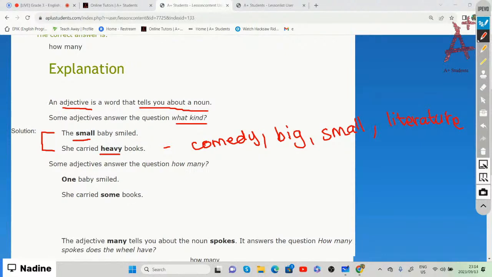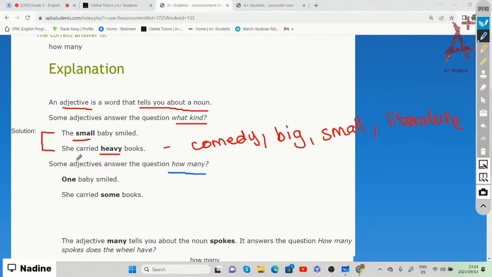So with adjectives, some adjectives can basically answer the question of what kind, and it will give you the idea, or describe what kind of books this person is carrying. Then some adjectives answer questions like how many? So even if we describe babies, we can describe what kind of baby, or you can say how many babies.